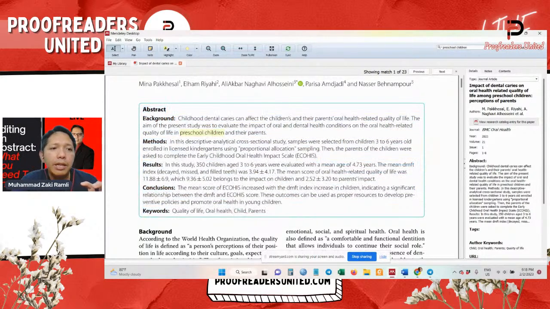For example, this section, the first section is called background, followed by methods, results, conclusion, and the last part is the keywords. There is also another kind of abstract where it's not sectioned.